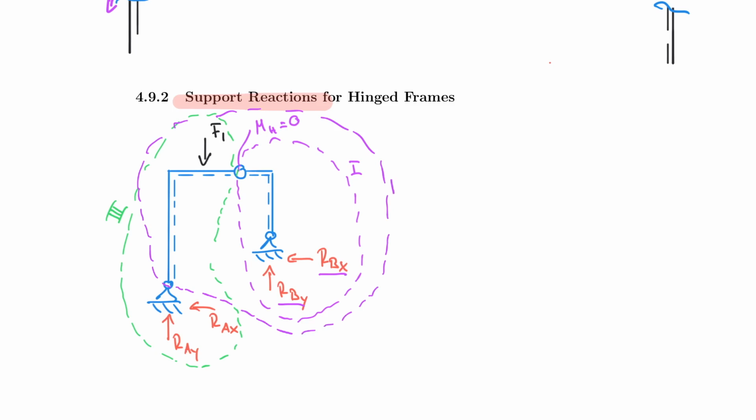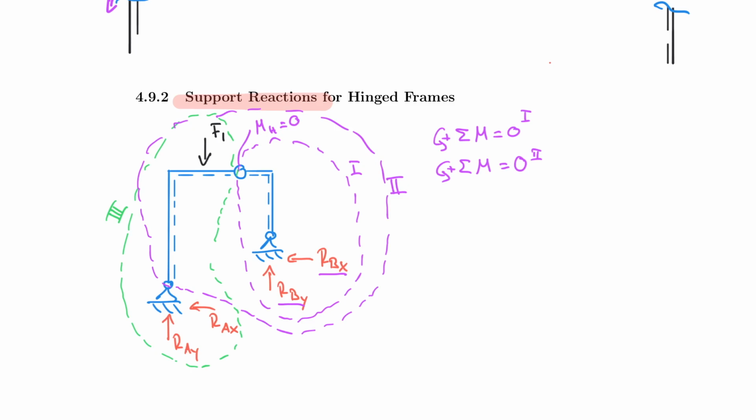And I'm going to call that cut 2. Then I can set up two equations, right? Keep in mind the sum of the moments about any point is always equal to 0, counterclockwise positive. And so I can do that for cut 1 and I can do that for cut 2. So I also would have a second equation for cut 2.